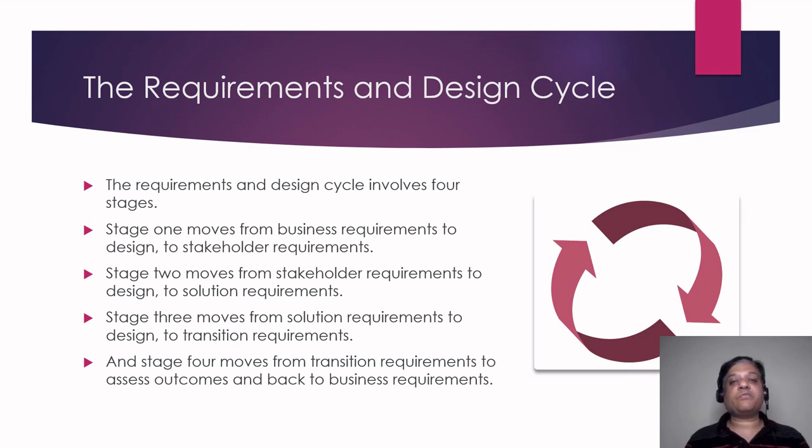Stage two moves from stakeholder requirements to design to solution requirements. Stage three moves from solution requirements to design to transition requirements. And stage four moves from transition requirements to assess outcomes and back to business requirements.